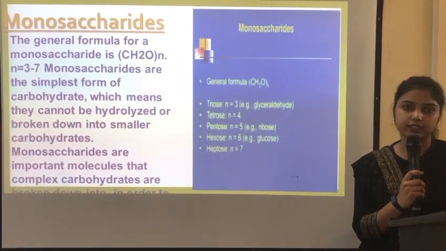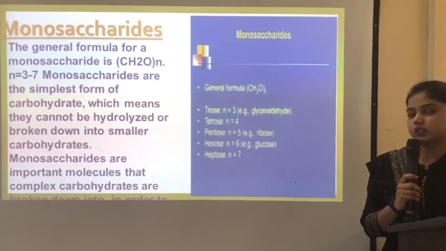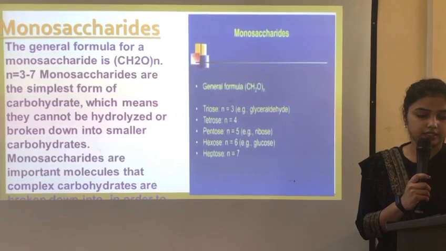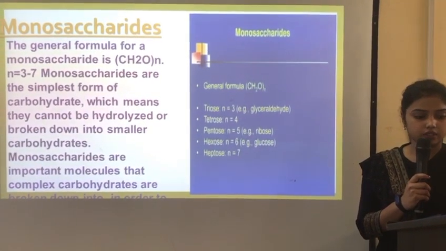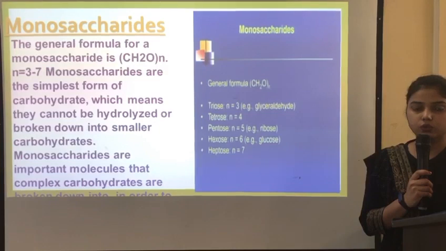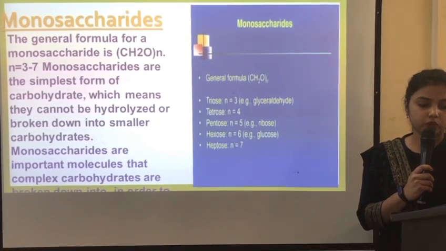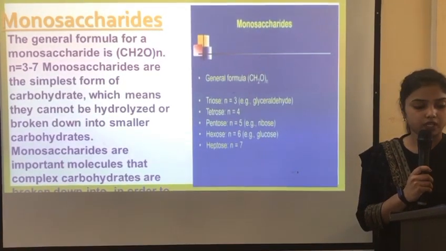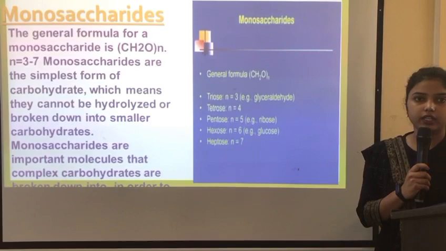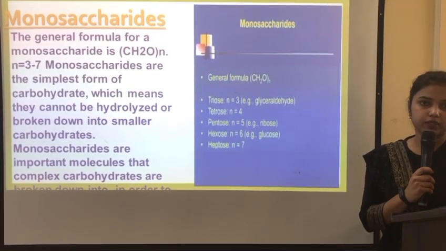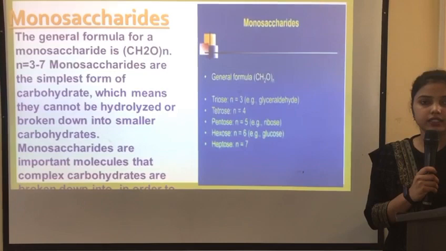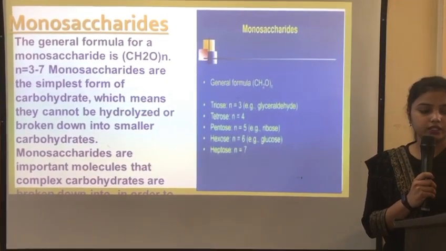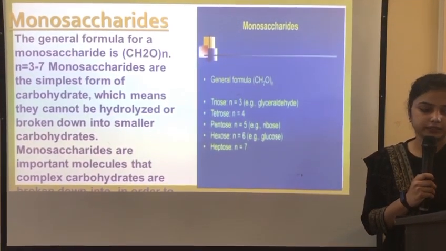Examples of monosaccharides are triose, tri means n value 3, example glyceraldehyde; tetrose, in which n value is 4, example erythrose; pentose, n value 5, example ribose; hexose, in which n value equals 6, example glucose. Next is heptose, in which n value equals 7. This is all about monosaccharides.